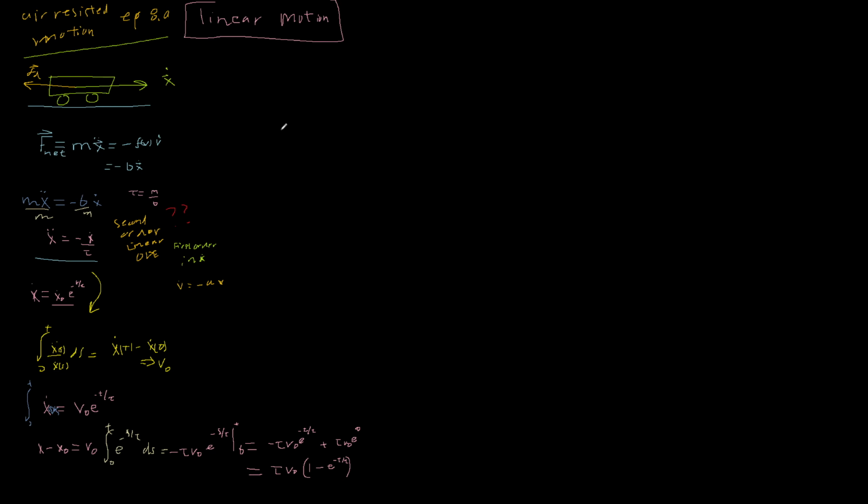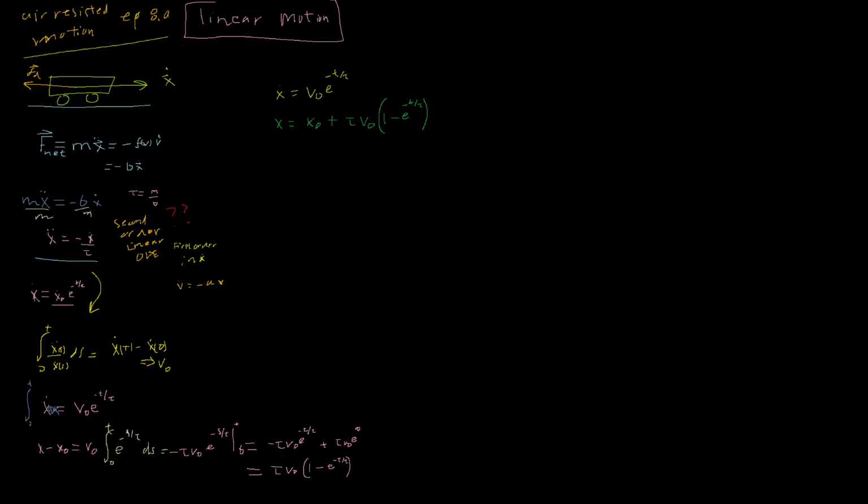Our two equations that I want to look at here: the first one is x dot equals v naught e to the minus t over tau, and the second equation is x equals x naught plus tau v naught (1 minus e to the minus t over tau). And this is the equation of motion when we consider drag.